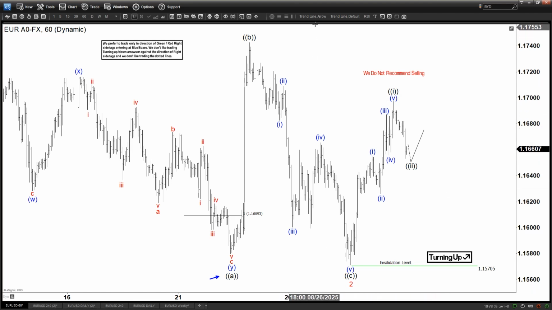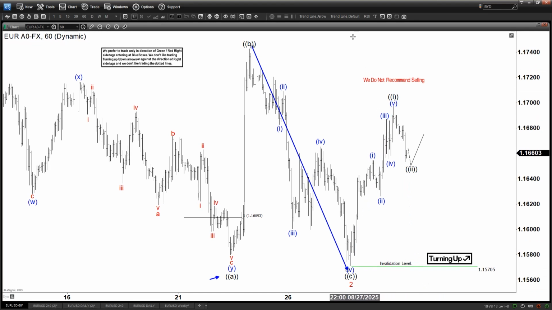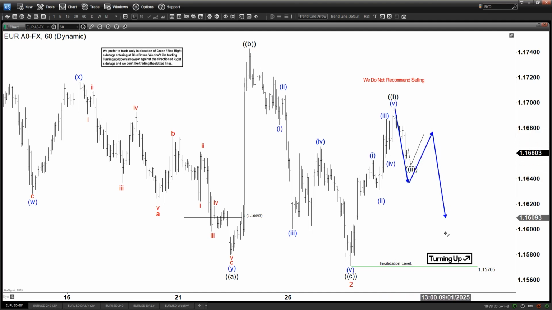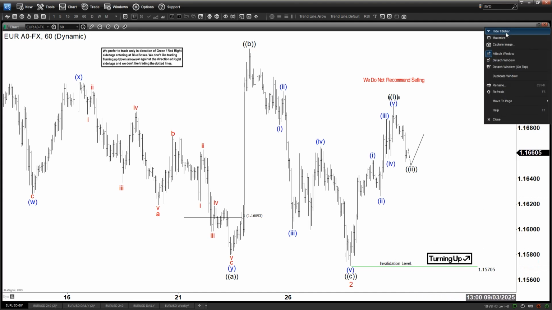Yes, we could be doing a little bit bigger pullback here in the wave 2. That is within acceptable alternates. Like we can do this, or this can extend a little bit lower to finish only in the A leg, and then you get a B leg, and then a C leg. That is within acceptable variations. But as long as we stay above 115.70, we do favor more upside, right?